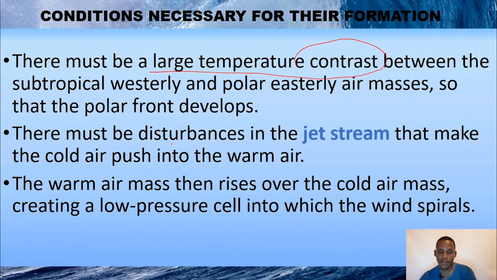And there must be a disturbance in the jet stream that makes the cold air push into the warm air. Now let's say we've got air coming this direction, which is coming from the tropics, right?